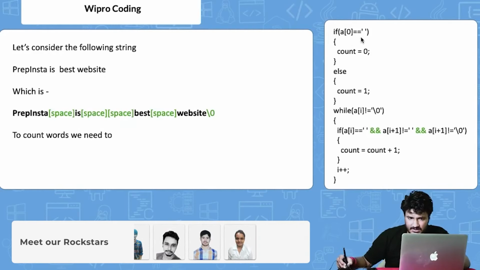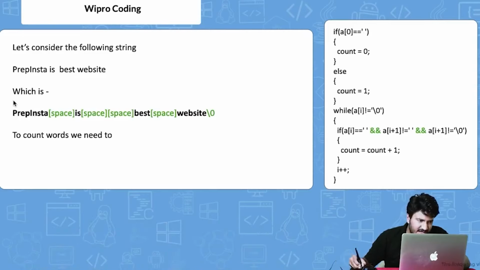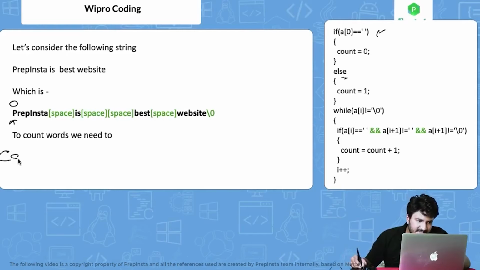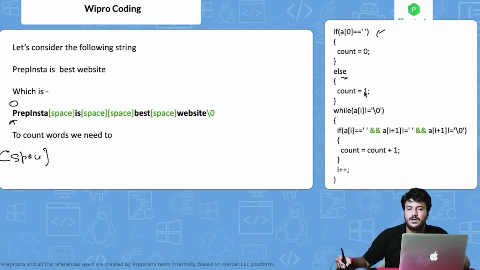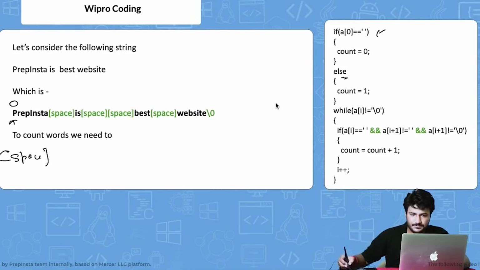So let's move ahead. What this particular code is saying: if a of 0, that is, currently we are at the 0th position, that is P. If a of 0 is equal to blank space, put count equals 0. So this is not happening here, right? So it will go to else, because obviously the character is P, it is not blank space. Had there been a space in the starting, in that case we would have put the count 0 and then the while loop would have iterated it correctly.